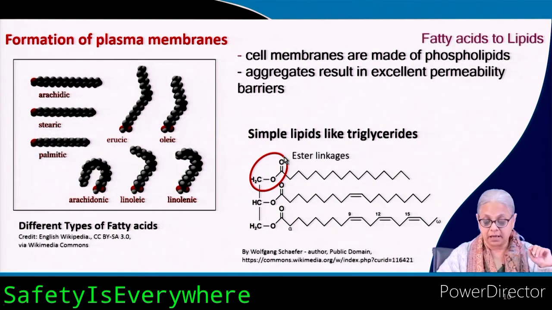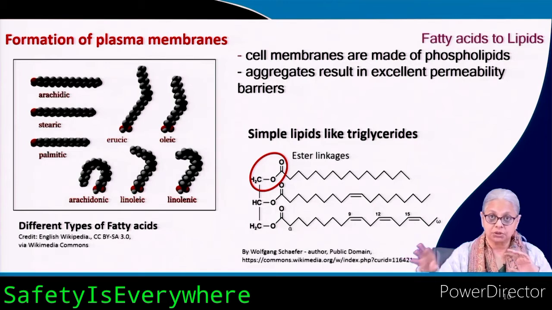Amphipathic means one side, which has oxygen, is hydrophilic, and the other side, which has the fatty chains, these fatty chains have no oxygen, they are only carbon and hydrogen, they are hydrophobic. So we call this the head and these are the tails.